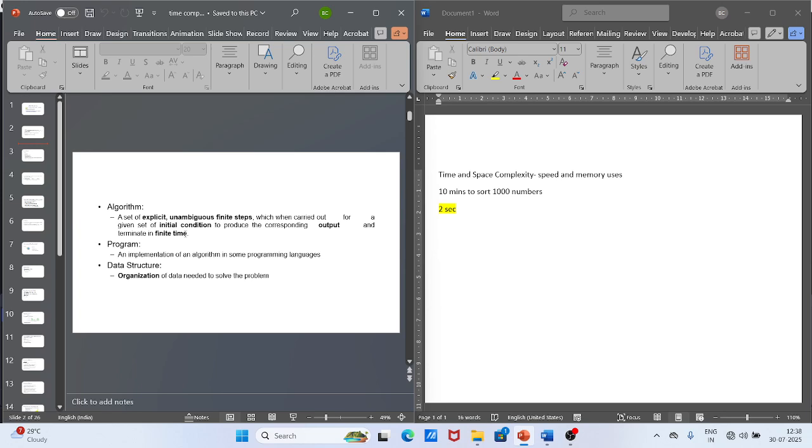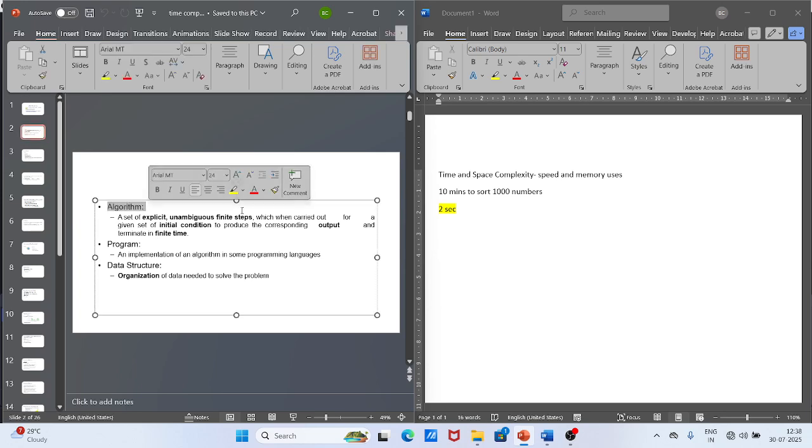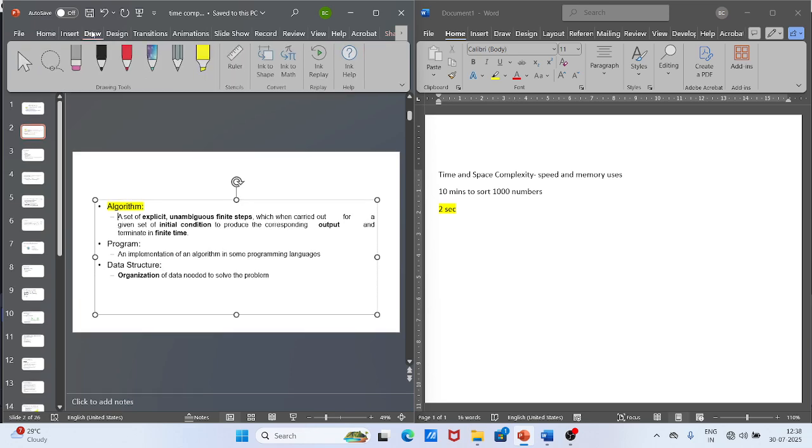Now, before we dive deeper, let's understand a few basic terms that we will use. Algorithm. An algorithm is a step-by-step method or procedure for solving a problem. Think of it like a cooking recipe.